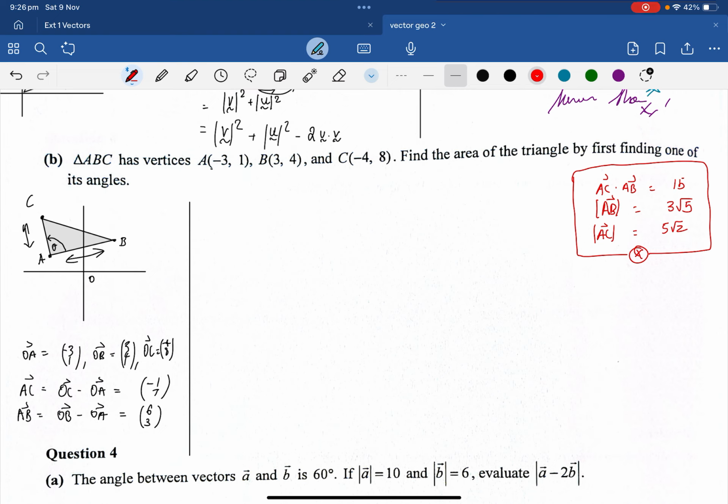Nice. So that is star 1. That has all the basic information.